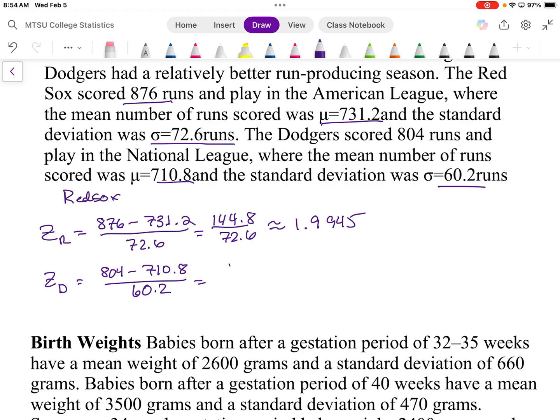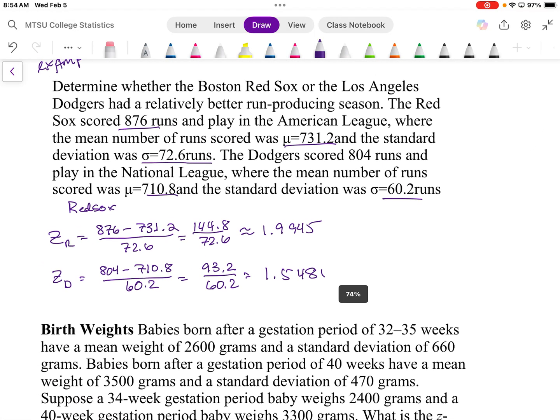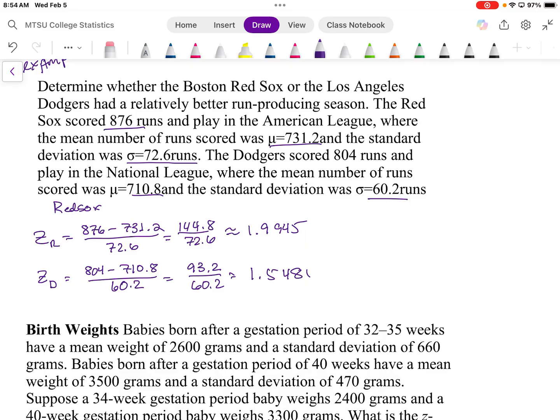That gives me 93.2, divided by 60.2. And that gives me 1.5481. So now we get to decide who had a better season in run production.